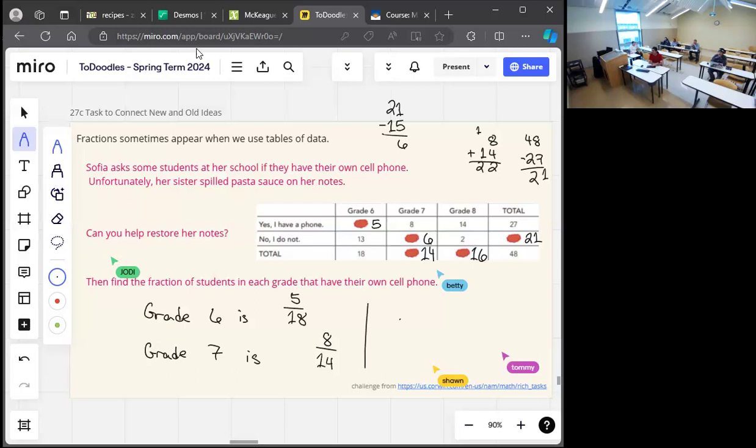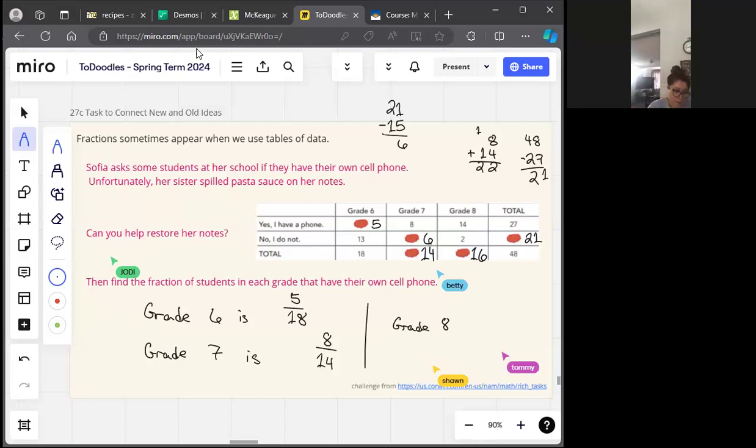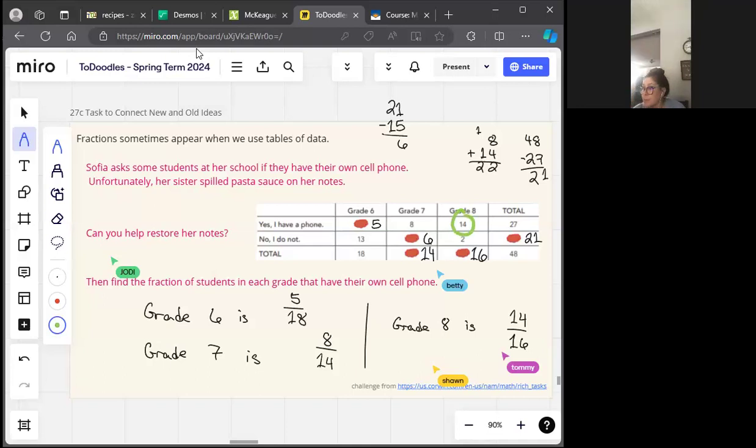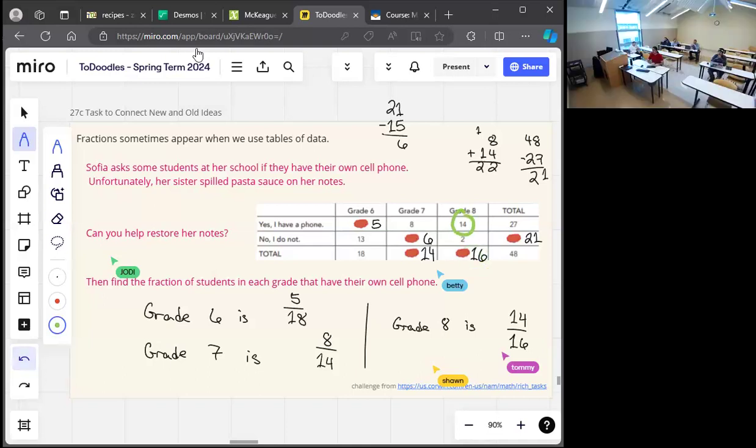And then grade 8. 14 out of 16. Yeah, almost all of them by the time they get to 8. Everyone see where I get those numbers? The part that has a phone, and then the total. So, a good problem for GED prep.